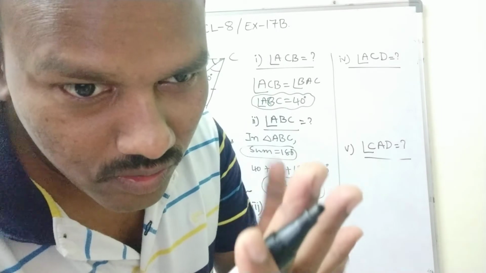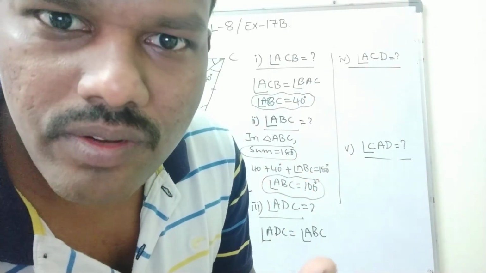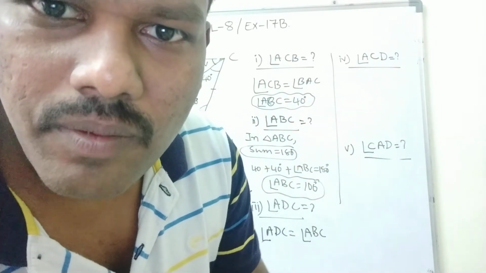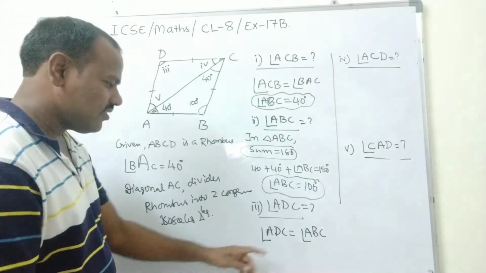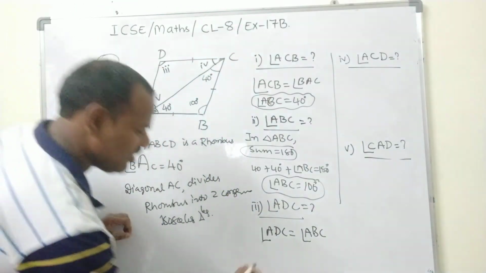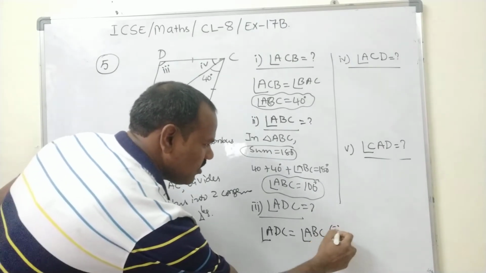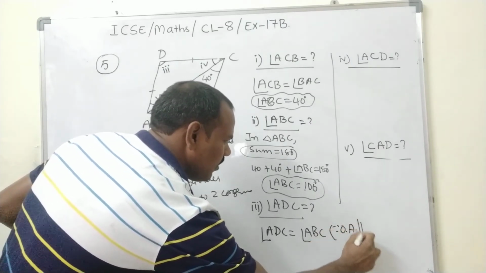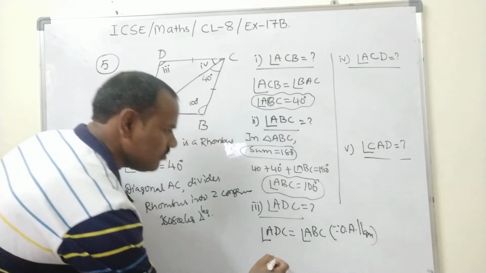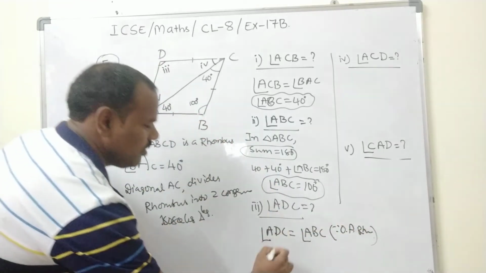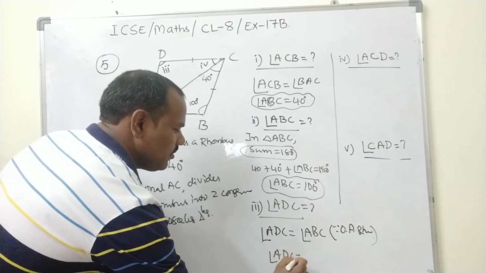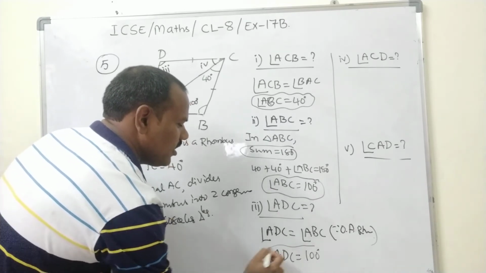Under parallelogram, you have square, rectangle, rhombus, and parallelogram, all of whose opposite angles are equal. Remember, angle ADC is equal to angle ABC, because opposite angles of a parallelogram are equal, and a rhombus is also a parallelogram. So angle ADC is equal to 100 degrees.